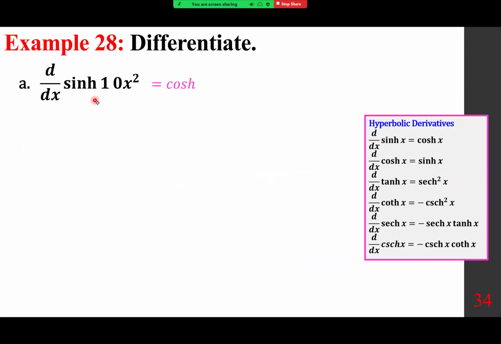Just the way you did it with the trigonometric functions, you can just say sinh and pause, the answer is cosh. But you must have the same argument, 10x squared. Now, by the chain rule, we need the derivative of 10x squared, which is 20x. We put it in front, we are done.